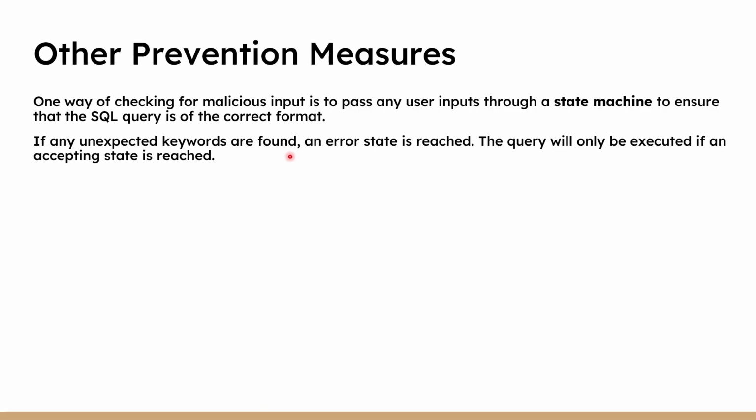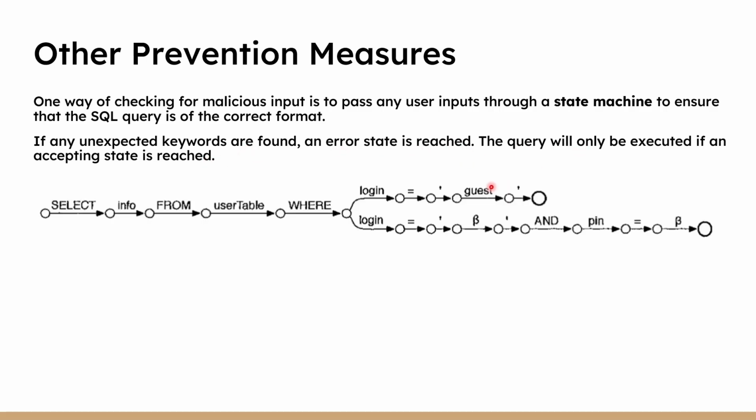It's like a DFA from theory of computation. Basically, if anything that's not expected is found, an error state is reached. It will specifically look for these things, and if it encounters something like or 1 equals 1, it won't reach the goal state, and it'll go to hell, as Paul Levy used to say.